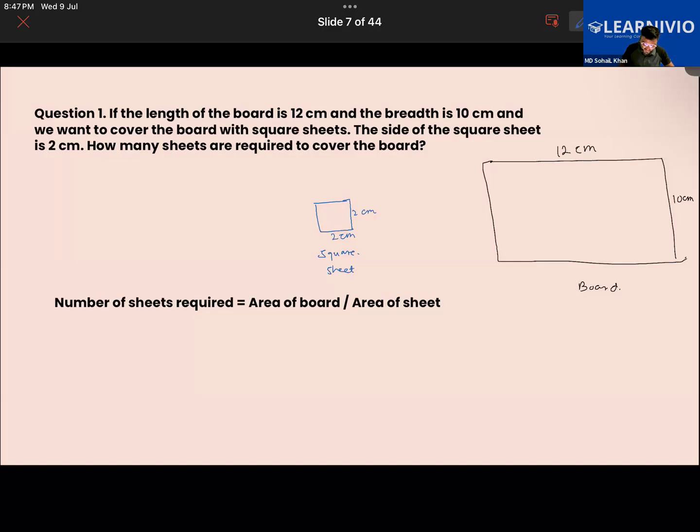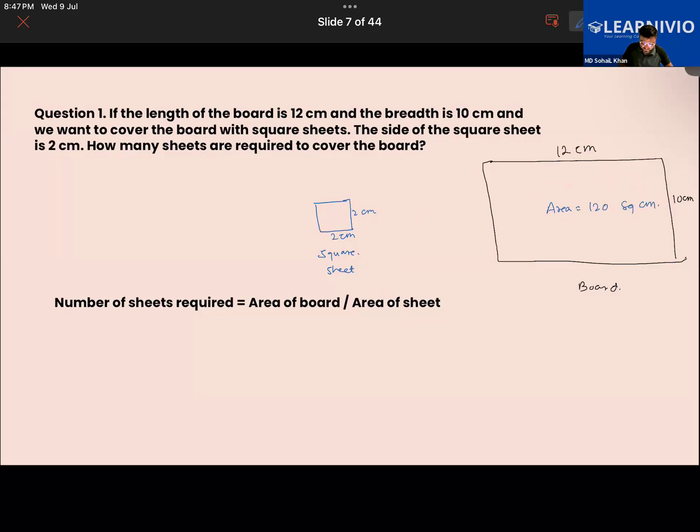The formula required to calculate the area of the rectangular board here will be length multiplied by breadth. So here that's 120. The area is 120 square centimeter.